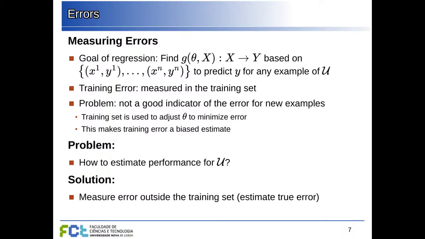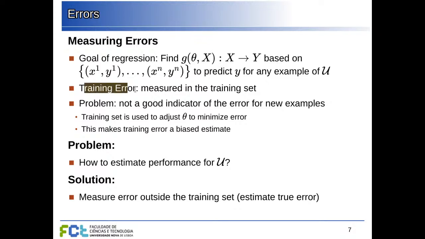However, our ultimate goal, after we have the best hypothesis, will be to try to predict values for any example in our universe of possible values. So this U here is the universe of all possible examples that we can meet in the future. We're going to use this training set to find our parameters, but then we want to apply this hypothesis that resulted from this optimization, so the instantiation of all these parameters, in order to predict values for new examples.